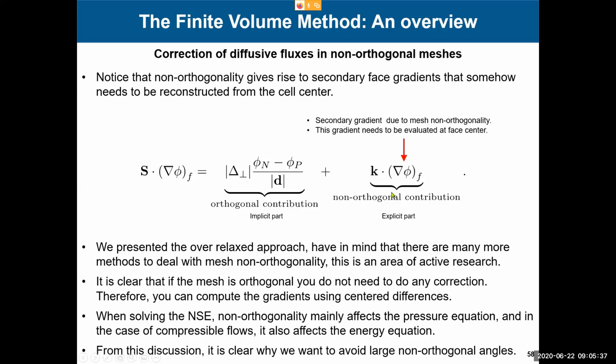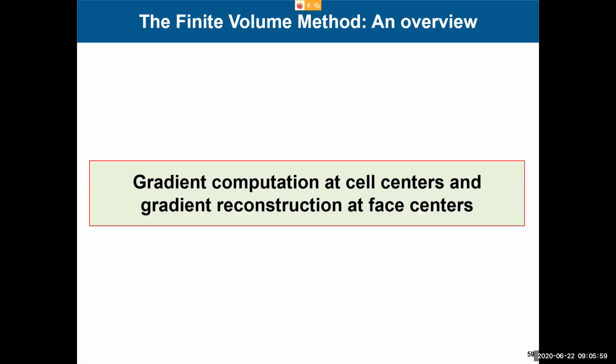But if you are working with compressible flows, also in the energy equation, you have this Laplacian, this secondary gradient that is critical. And if you are using turbulence models, which you are probably using all around your governing equations, you have this Laplacian, and you will have this secondary gradient that you have to be careful with. You need to correct it to avoid numerical problems.